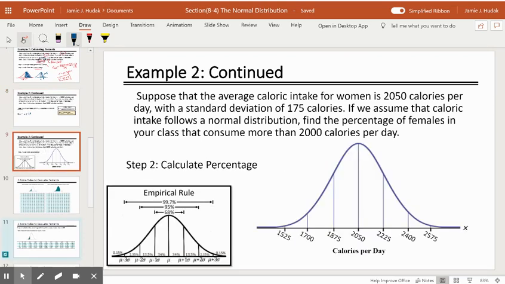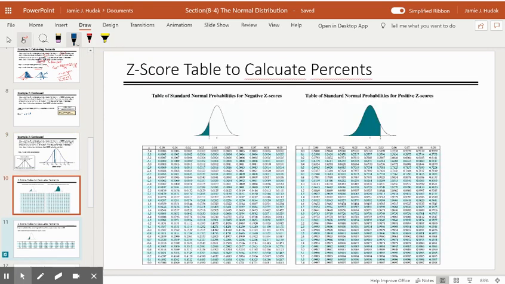And I've completed the chart here. We see that 2,000 calories is going to fall in this range here. That's where the negative 0.29 z-score will be. And here is the old school way of calculating percentages.